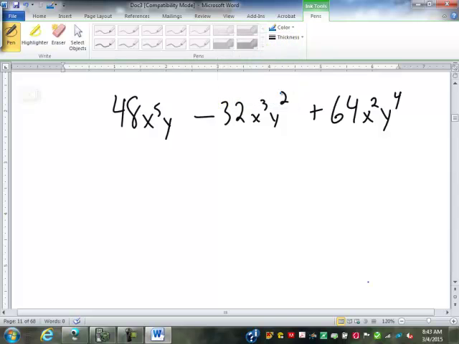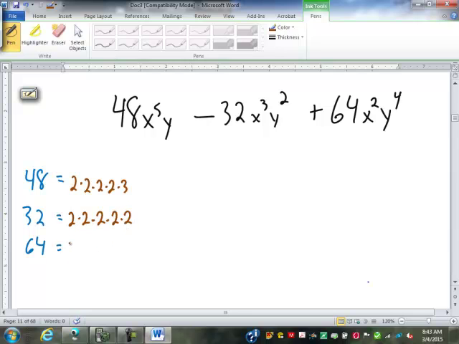What happens when we do something like this? Line them up. We're going to deal with the 48, the 32, and the 64. If I factor 48, it's 2 times 2 times 2 times 2 times 3. A 32 is 2 times 2 times 2 times 2 times 2. A 64 is 2 times 2 times 2 times 2 times 2 times 2.